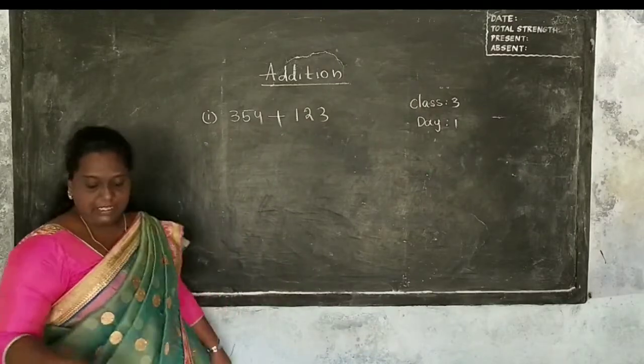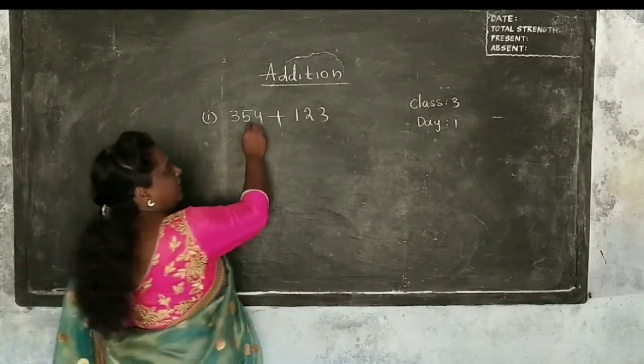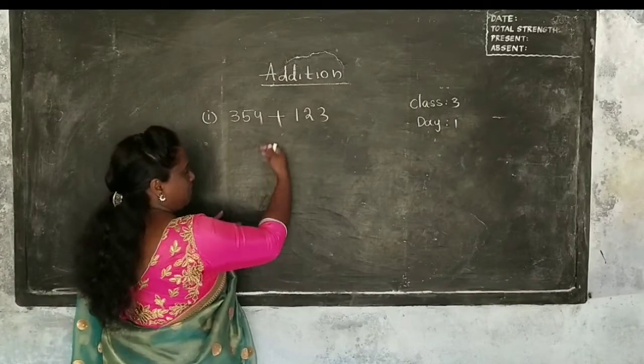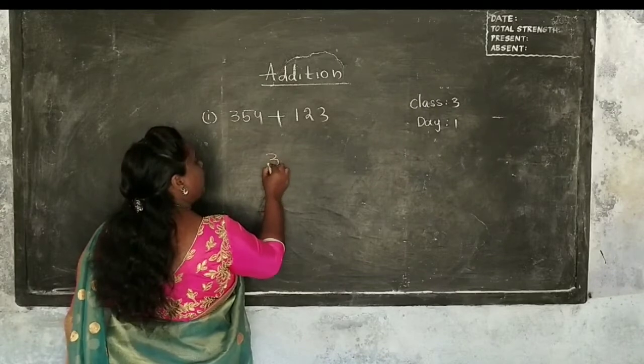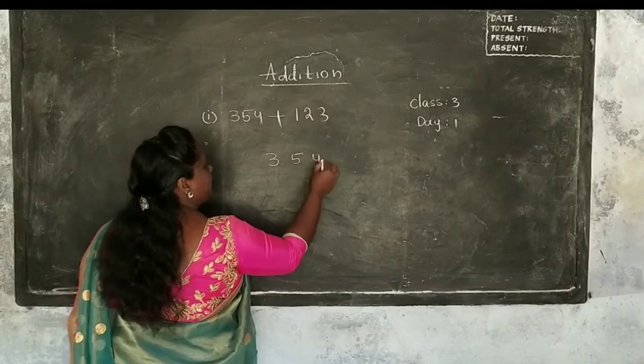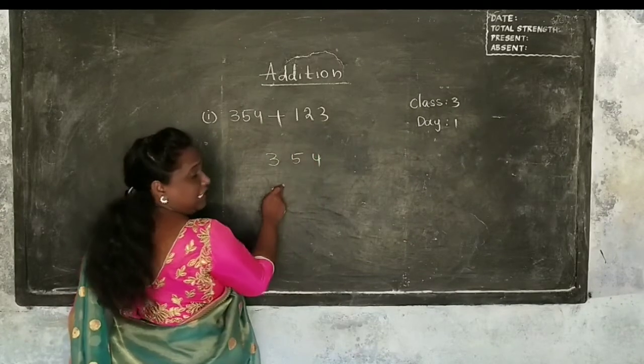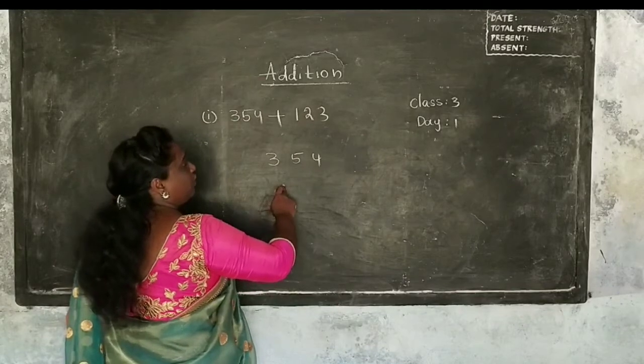So first see that, beta. First we will write the two numbers in order. 354. Next we will write 123 under the 354.